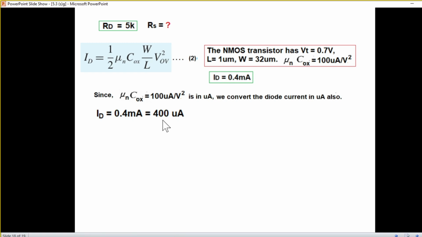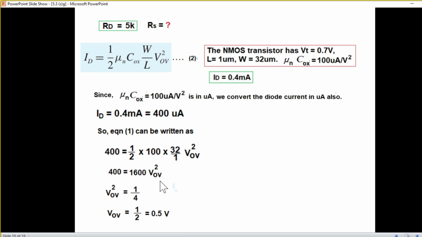So it will become 400 microampere. And now we have all the parameters for the equation. So we just put the values, equation 2. You can see W is 32 micrometer and length is 1 micrometer and all others. So from here we find VOV. VOV is 0.5 volt.